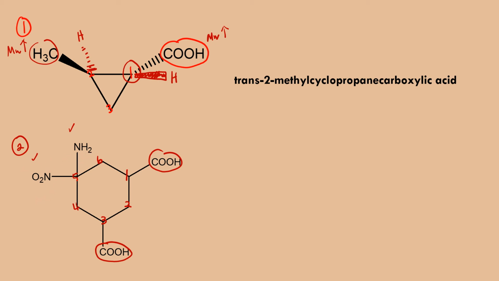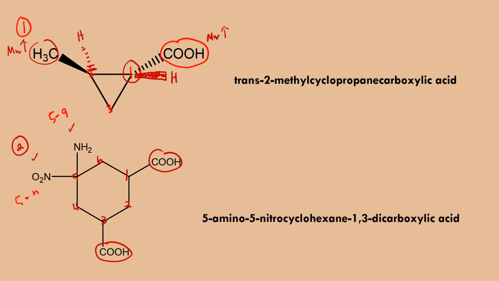Okay, so kita ada 5 amino dan 5 nitro. So the name of this molecule will be 5 amino 5 nitro cyclohexane 1,3 dicarboxylic acid.